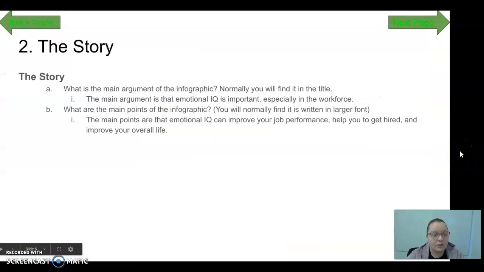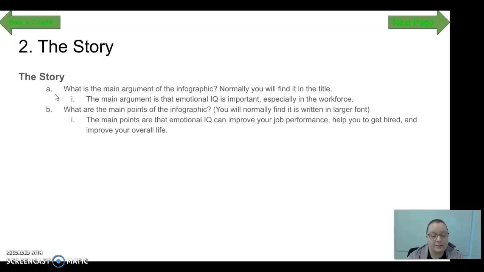All right, so moving on to the second part of an infographic here, we have the story. So the rest of this should go a lot quicker. The main argument of the infographic is pretty clear. Normally you're going to find it in the title. The main argument for this particular infographic is that emotional IQ is important, especially in the workforce.